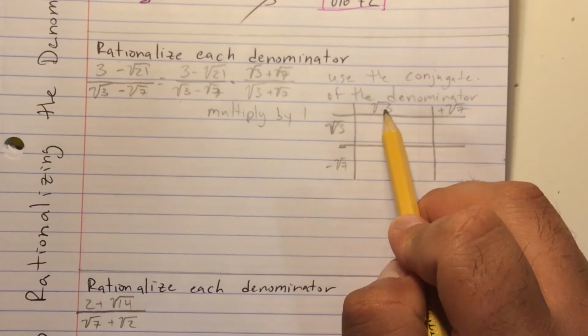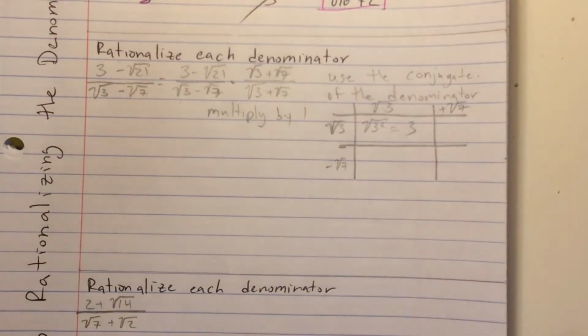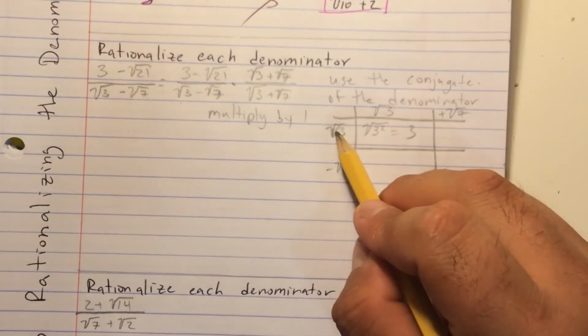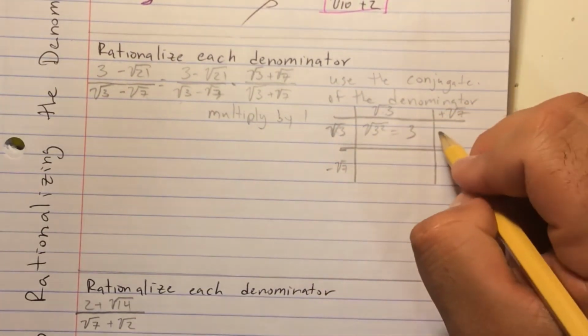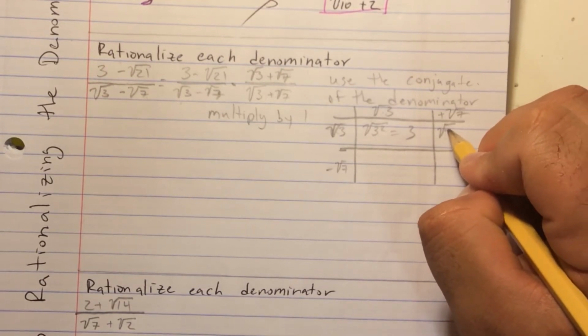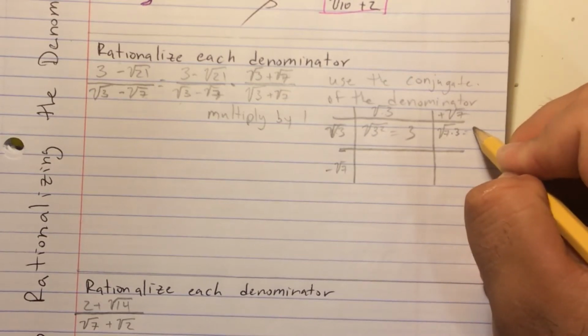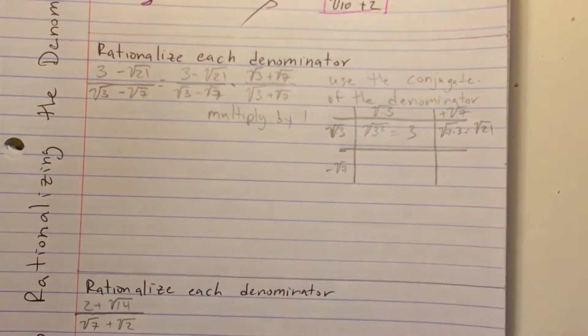Radical 3 times radical 3 is our radical 3 squared, which is equal to 3. We have our radical 7 times our radical 3, which is equal to our radical 21.